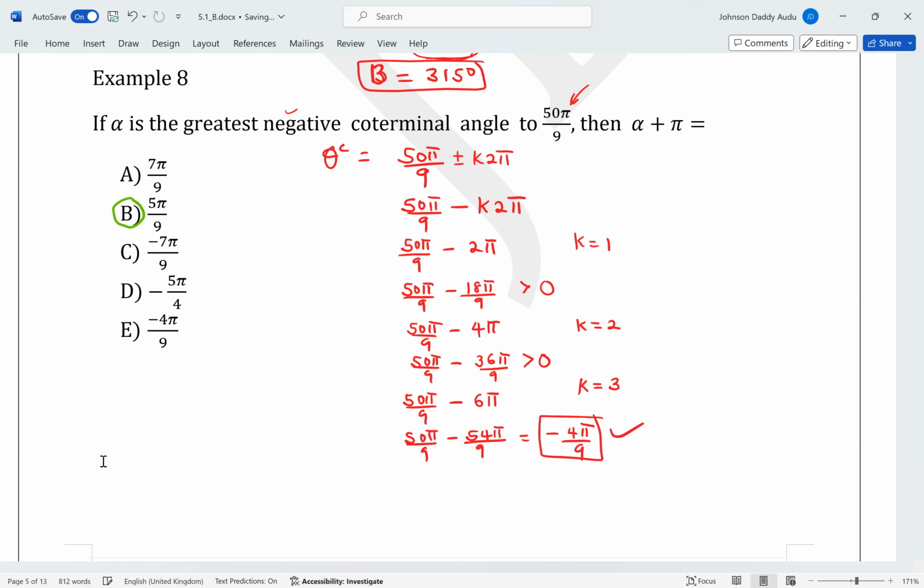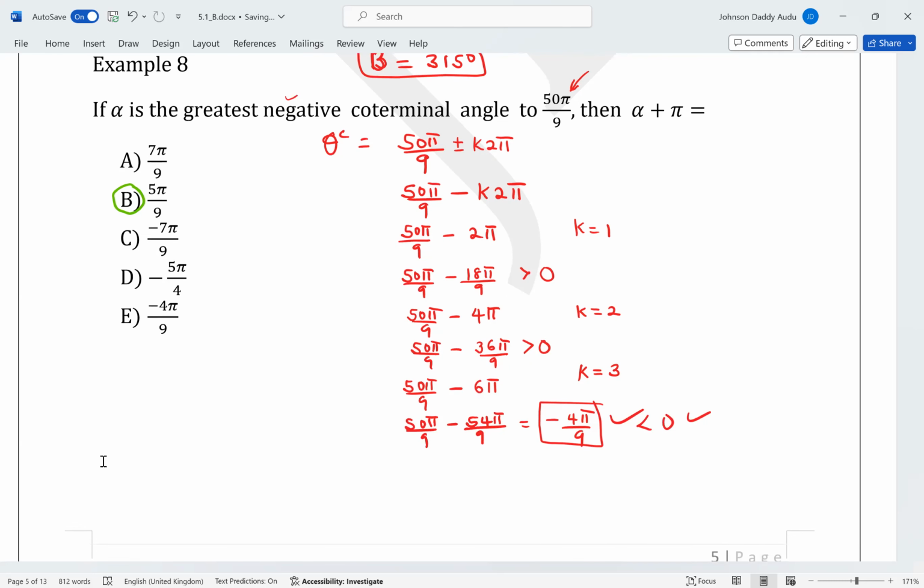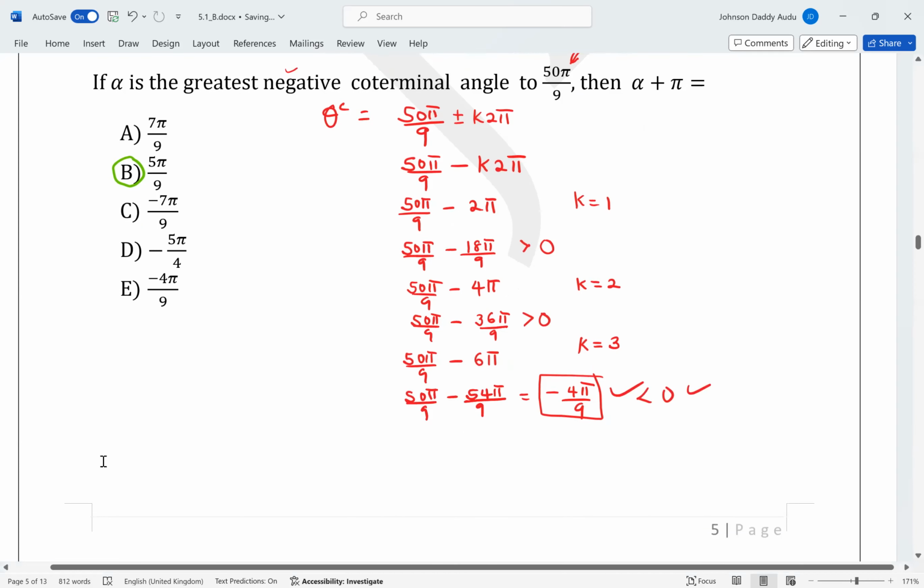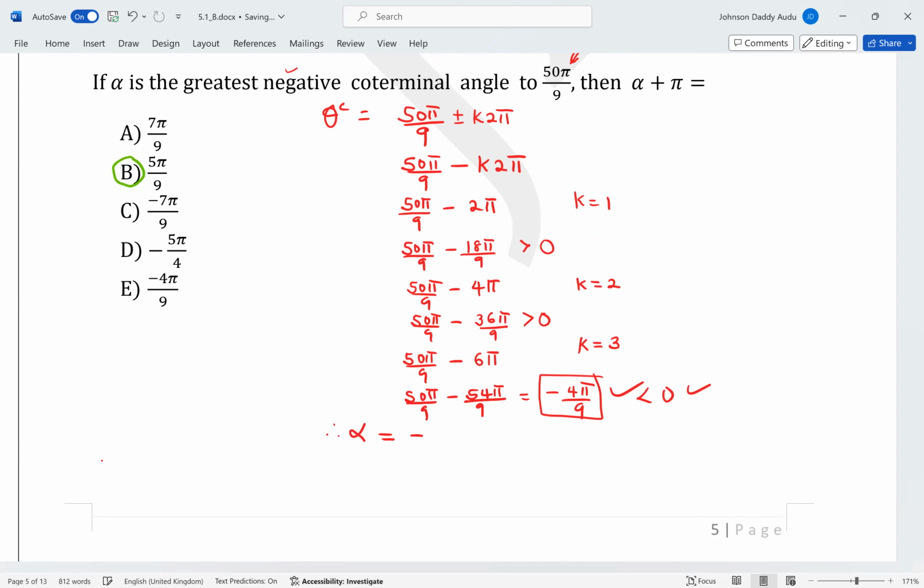So this is the first one we're going to meet, and this will be at k equals 3. We stop because this angle is less than 0, right? So it is the first coterminal that is negative. So it becomes our greatest negative coterminal. So in that case, we will take our alpha as minus 4 pi over 9.